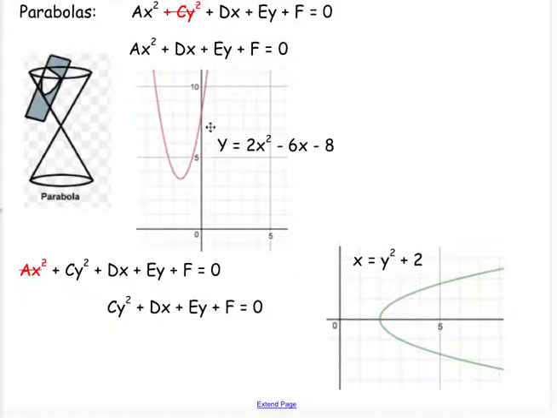Generally, you've seen equations of parabolas in the form y equals ax squared plus bx plus c, where y is solved on one side and you've got an x squared term. You might have a linear term, or that might be omitted, and you might have a constant term. What that means for the general formula is that the second squared term is missing, where c is equal to 0. So it's not there at all.